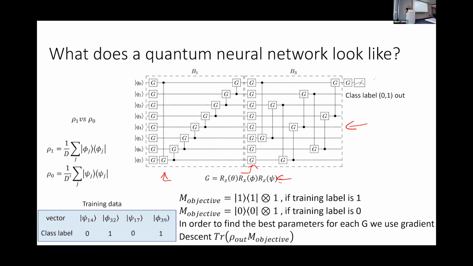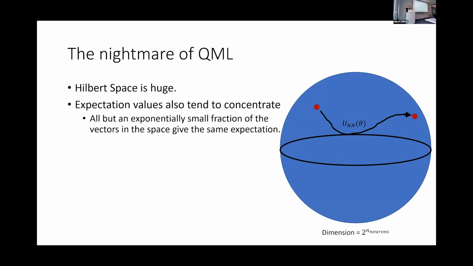We do all of this, and we usually measure just one qubit at the top. Or if we're looking at a generative task, maybe we want all of this coming out the other side. But the big advantage of quantum machine learning that everybody's really excited about is the dimension of the space. So n quantum bits allows us to represent 2 to the n dimensional vectors.